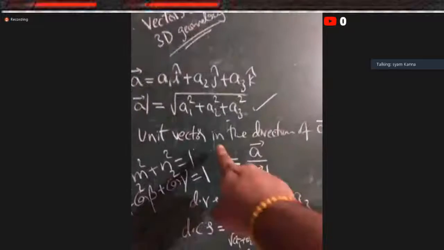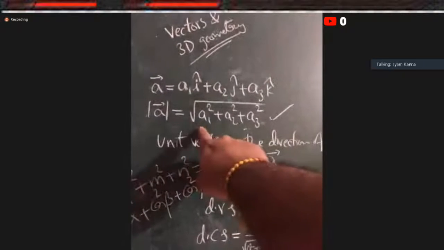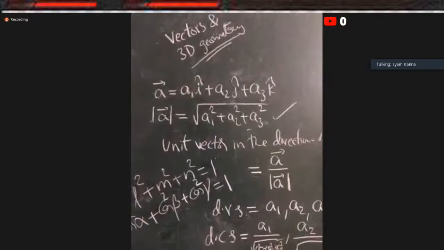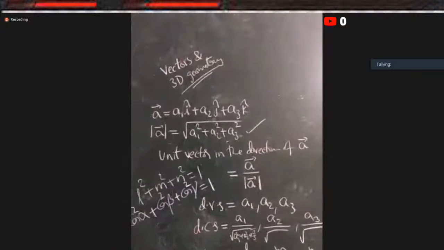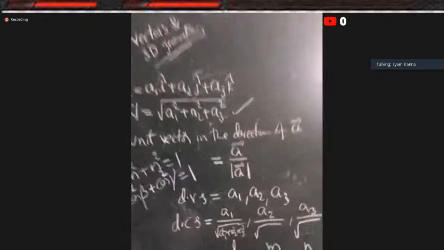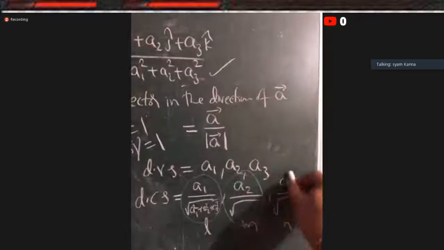You can find a unit vector along that, because this is the formula for finding its length, magnitude, and this is the relation between direction cosines. That means this is cos alpha, this is cos beta, and this is cos gamma.